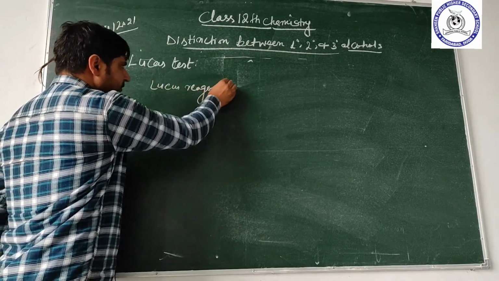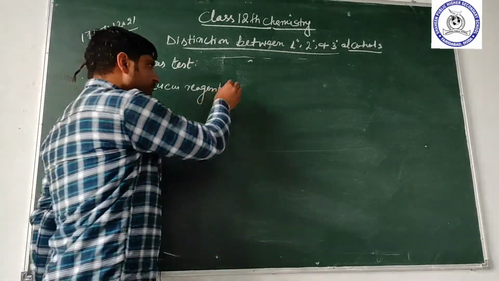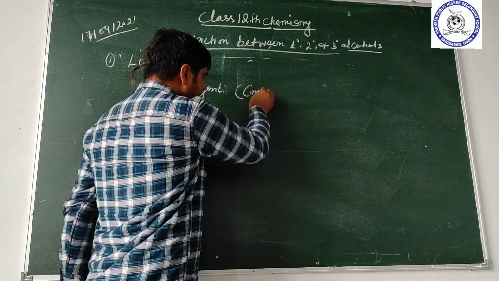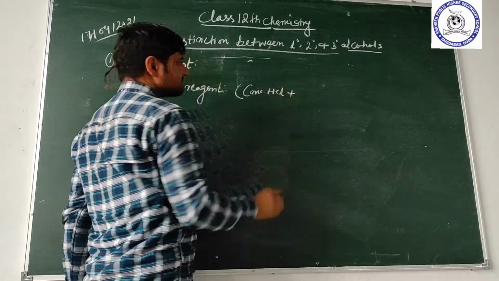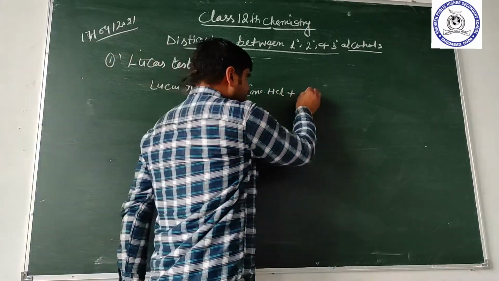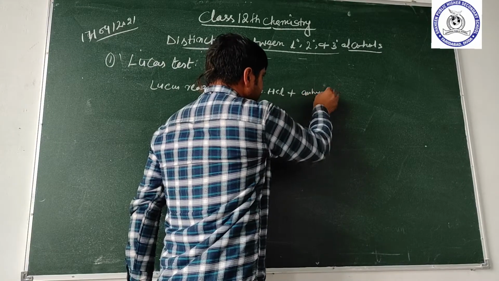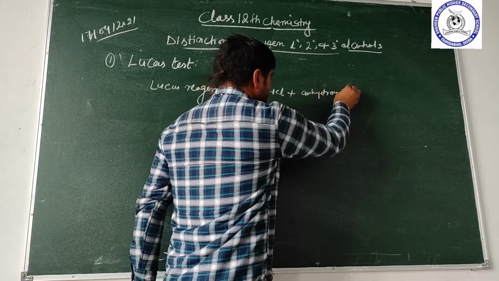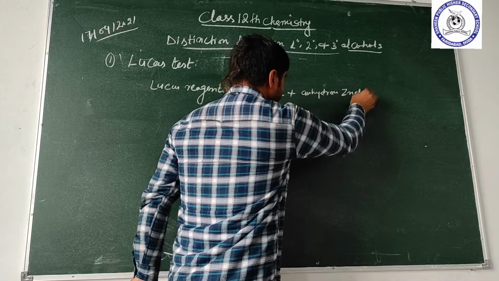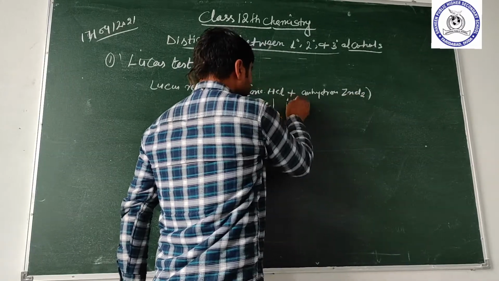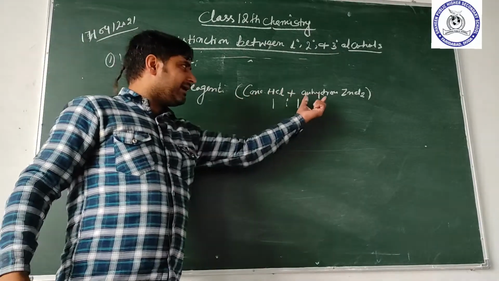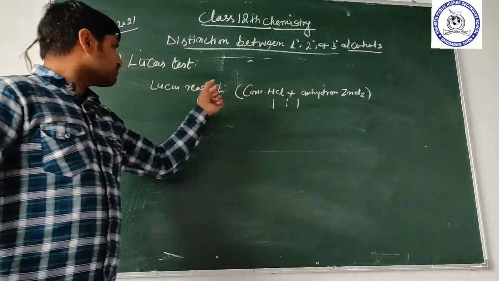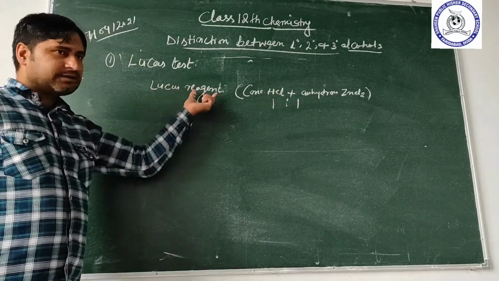It is an equimolar solution of concentrated hydrochloric acid plus anhydrous zinc chloride, ZnCl2, meaning a 1:1 mixture of HCl and anhydrous zinc chloride is called Lucas reagent.